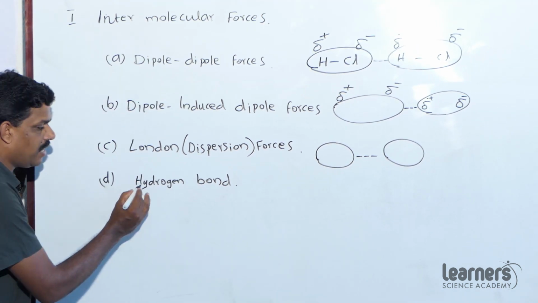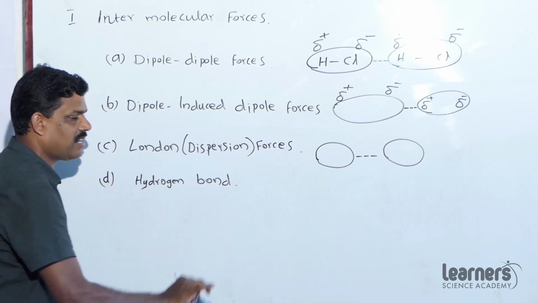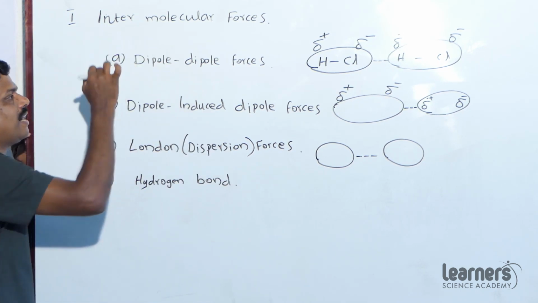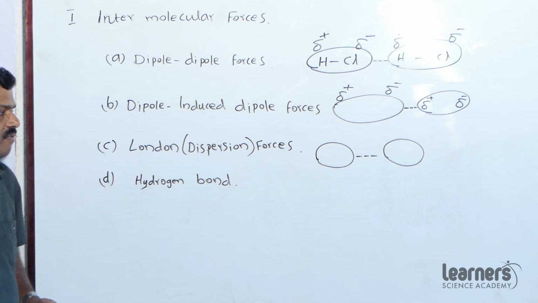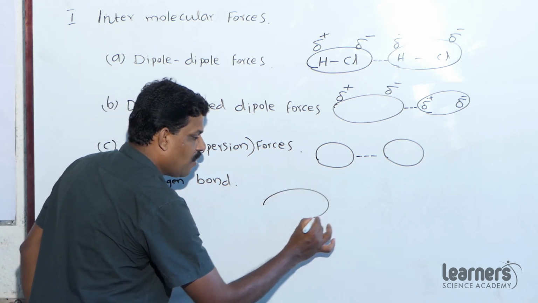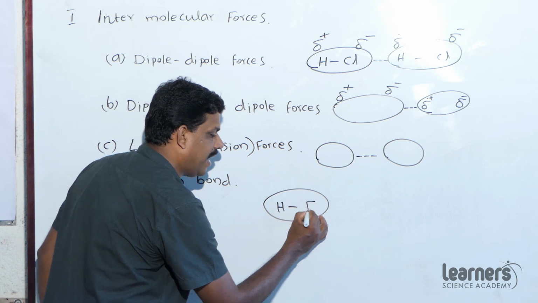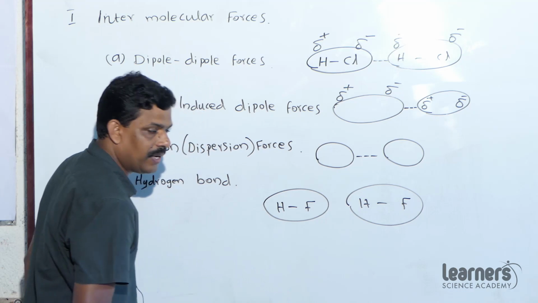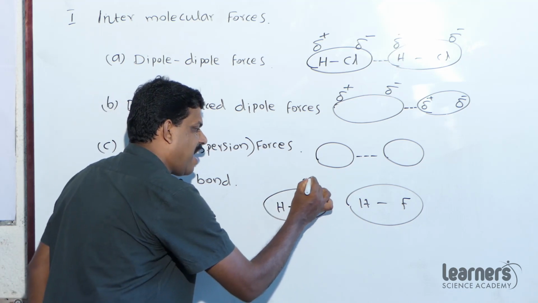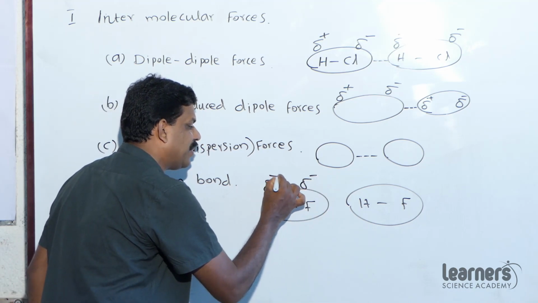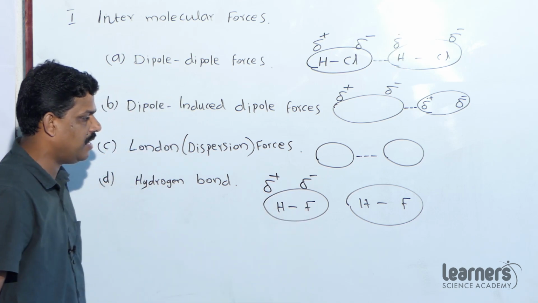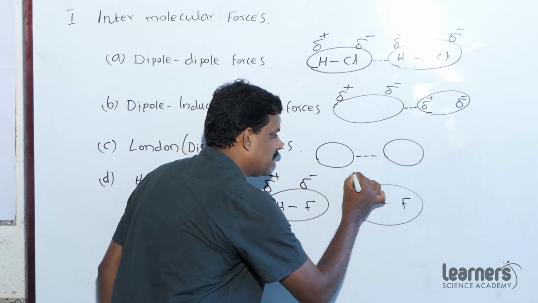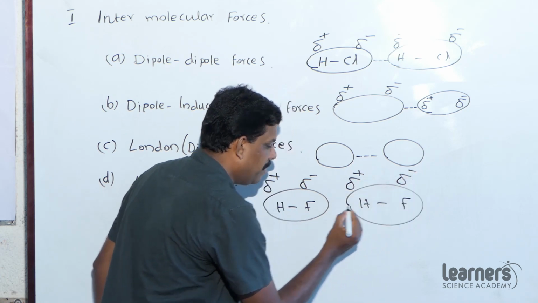Now a fourth one is also there, called hydrogen bond, but actually hydrogen bond belongs to the category of dipole forces. For example, when hydrogen fluoride interacts with another hydrogen fluoride molecule, hydrogen fluoride itself acts as a dipole due to the difference in electronegativity between hydrogen and fluorine. Here also positive and negative charges will be there.